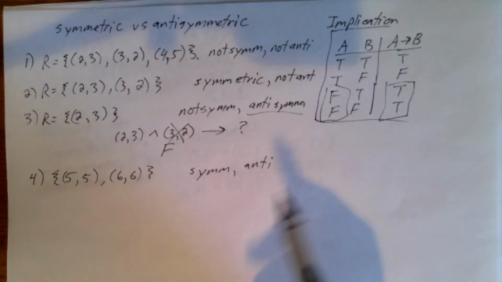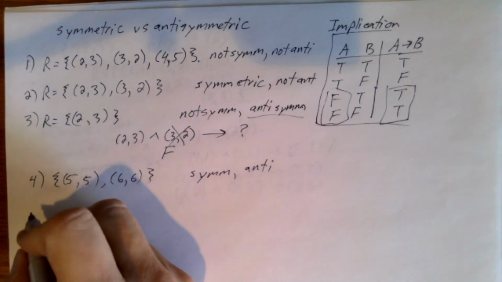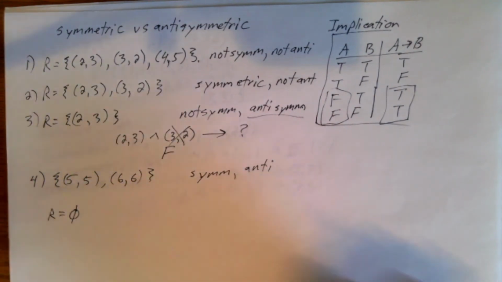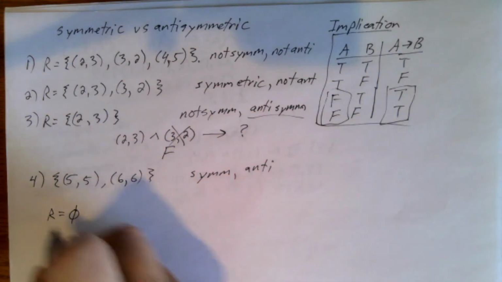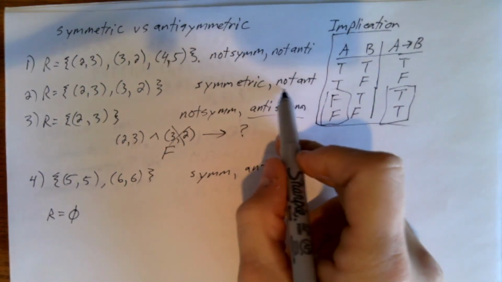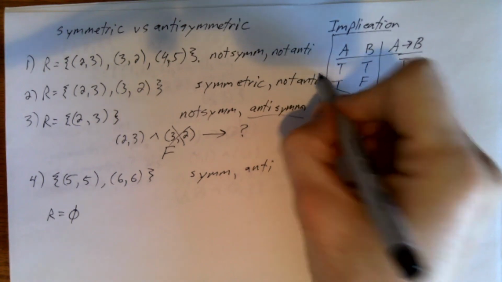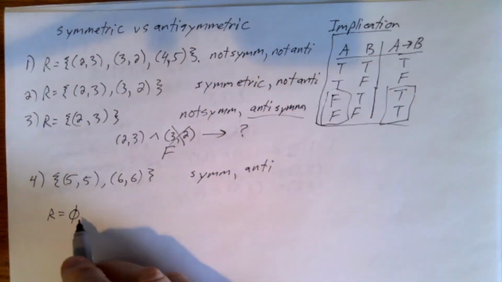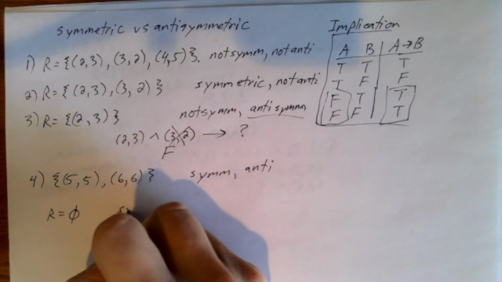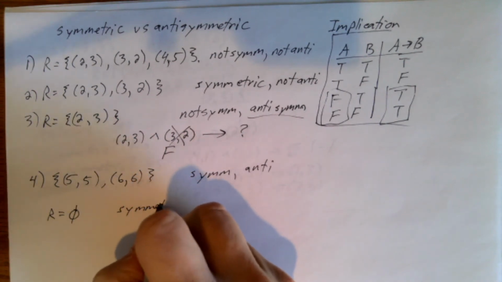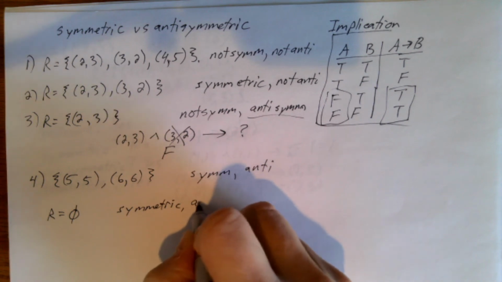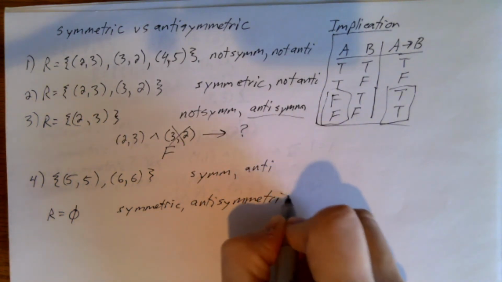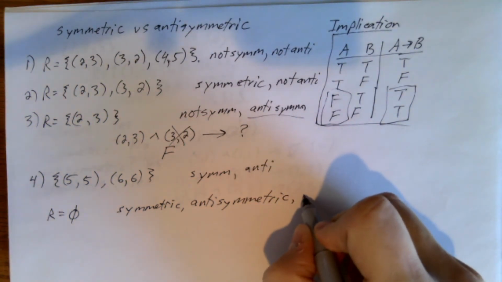If you're doing homework or something, you also probably will see something like this. R is equal to the empty set. Well, it turns out, for the same reasons we talked about right here with the false leading to something, that's symmetric, anti-symmetric, and transitive.